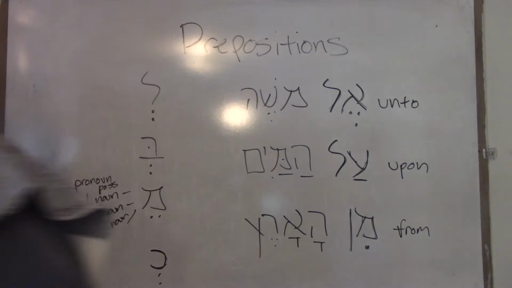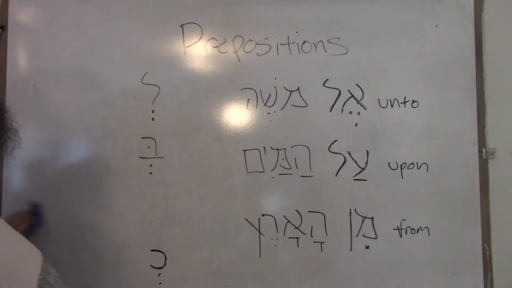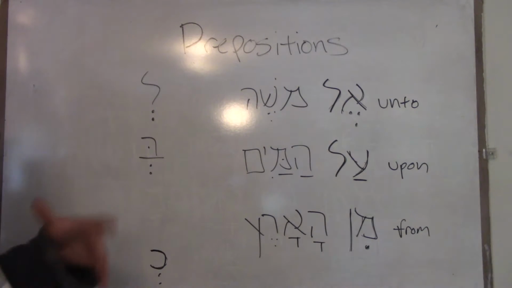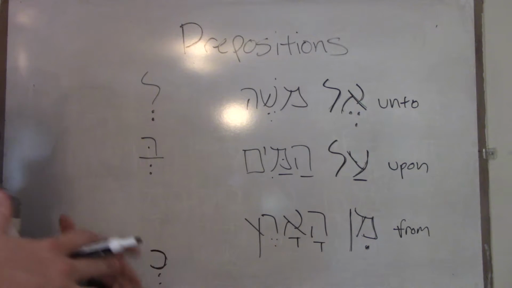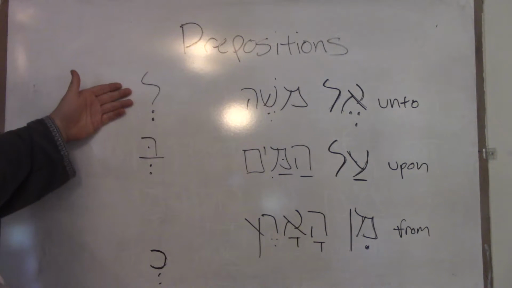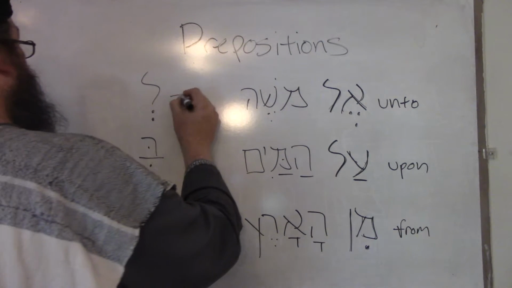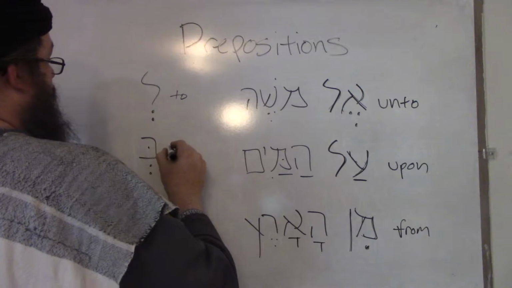Outside of this, the hey is no longer a part of the game that we're going to be playing here. And why is this so important? Because we have to memorize grammatically how these things are used. So the lamed, bet, or kaf: lamed is going to mean to, bet is going to mean in.